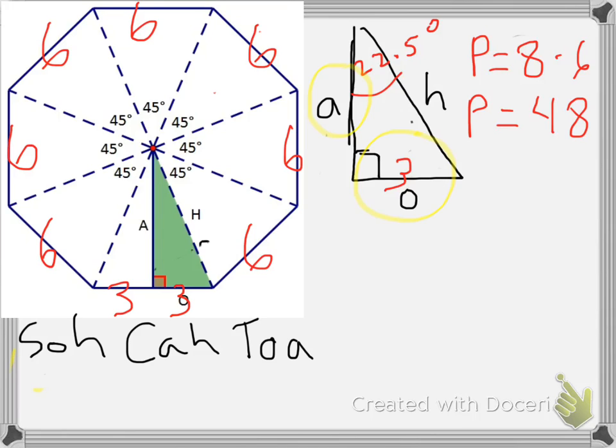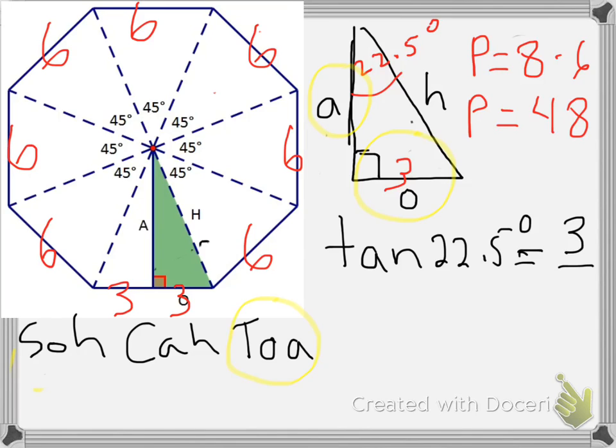Well, I think this is the one I want. That has O and A in it. So I'm going to use tangent. The tangent of 22.5 degrees equals the opposite, which is 3, over the adjacent, which I'll just call little a. And that's what I need to finish off my formula.